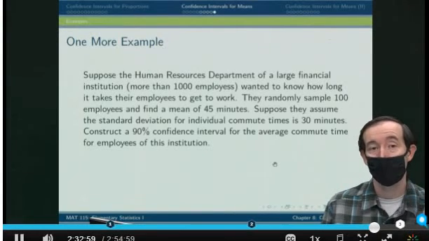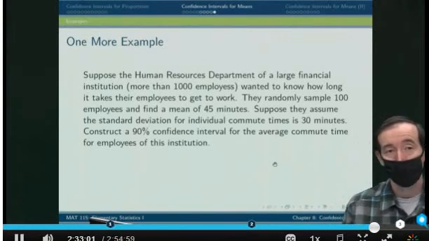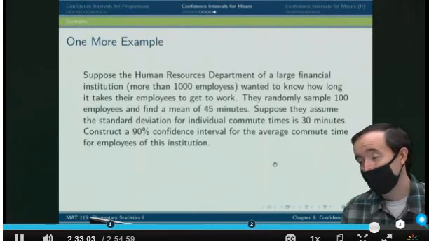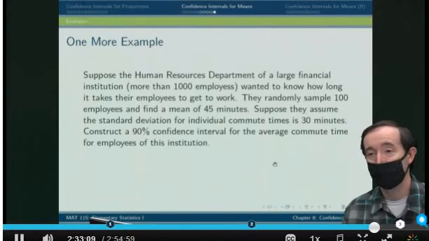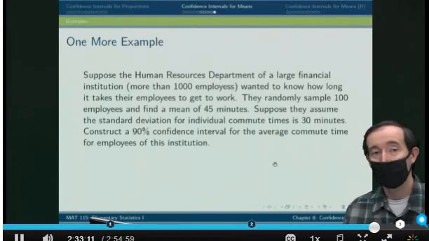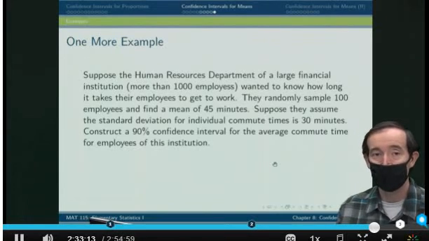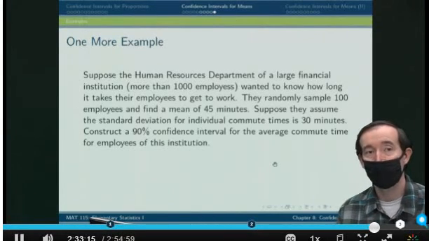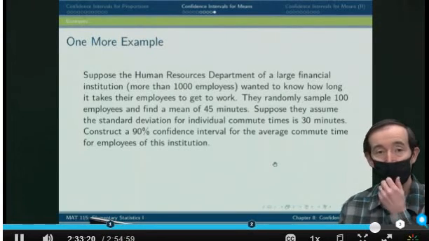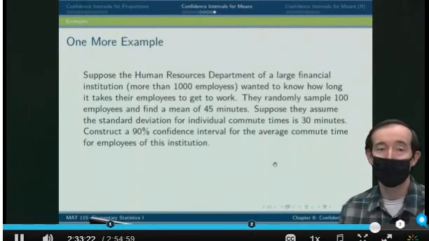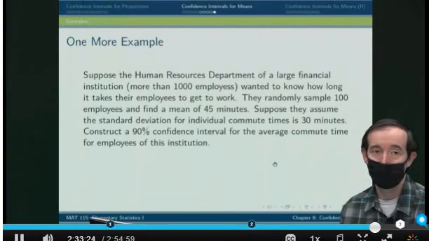Is our sample collected with sufficient randomization? Hard to say, but when we're told that they randomly sample 100 employees, we're going to assume that randomization takes that into account. And if so, then that randomization gives us enough confidence that we have the independence assumption. So we will conclude independence because of the randomization involved in the sample.